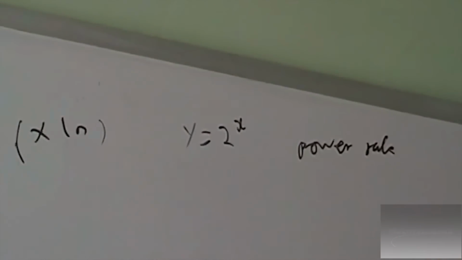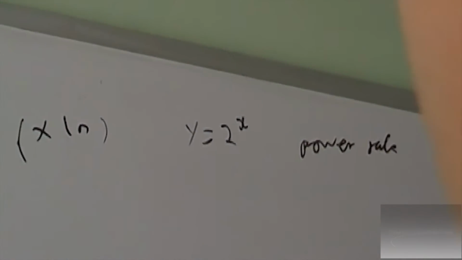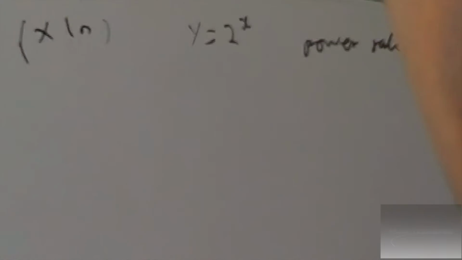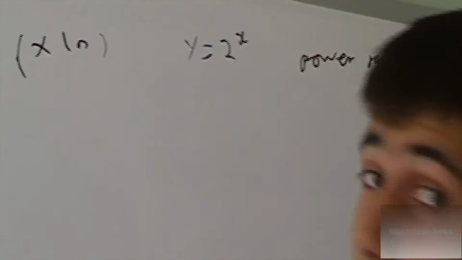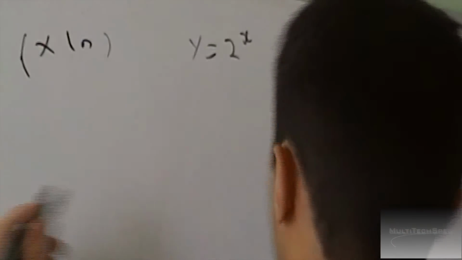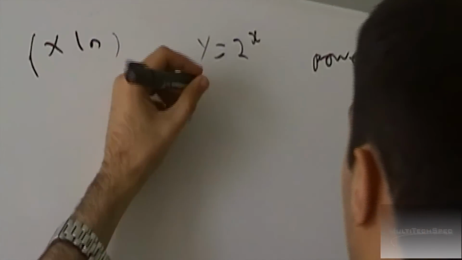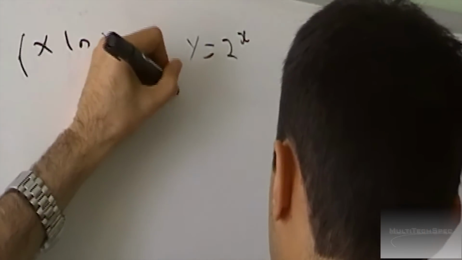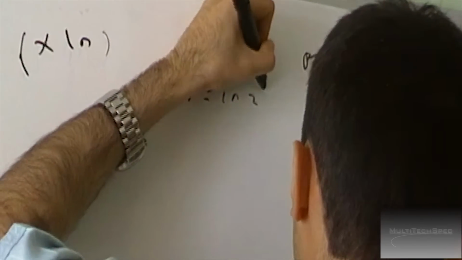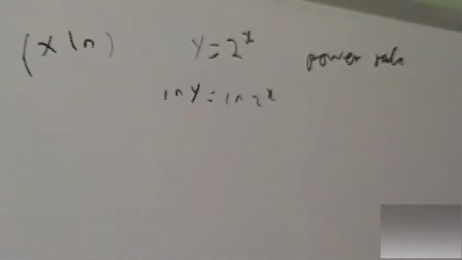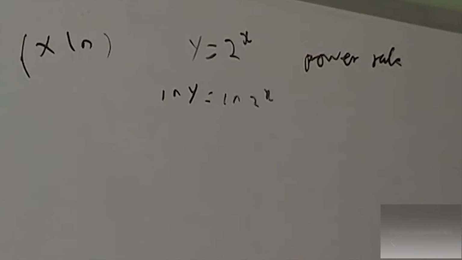So if I just move this down here, we end up with, if we ln both sides, I'll do it in steps, it's easier. ln y is equal to ln of 2 to the power of x. That's lning both sides.